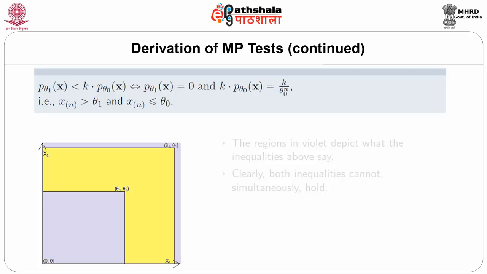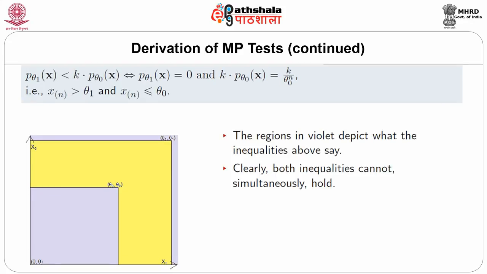Because p theta 1 is 0 if x order n is greater than theta 1, and k p theta naught is k by theta naught to the power n when x order n is less than or equal to theta naught. So, these two should hold simultaneously.